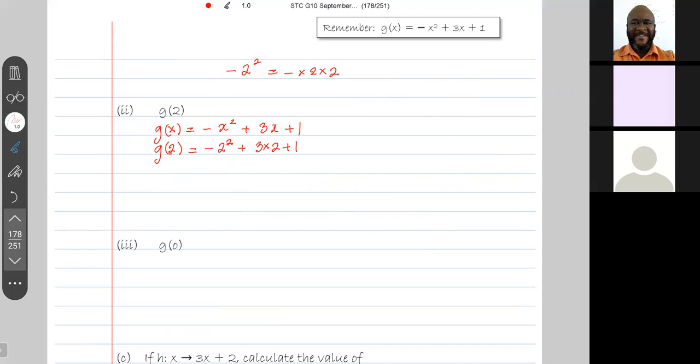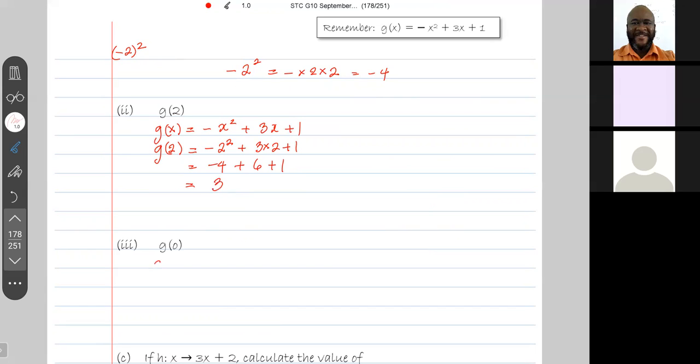Only the 2 is squared, not the negative. With the bracket, it means everything inside the bracket is squared. So this is minus 4 plus 6 plus 1. 6 plus 1 is 7. Minus 4 plus 7 is positive 3.